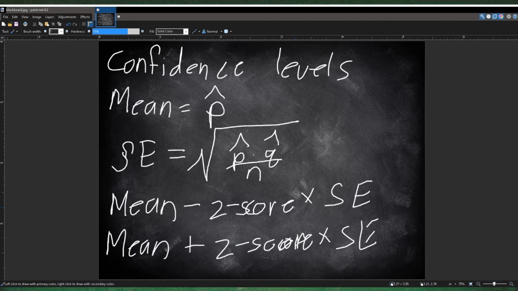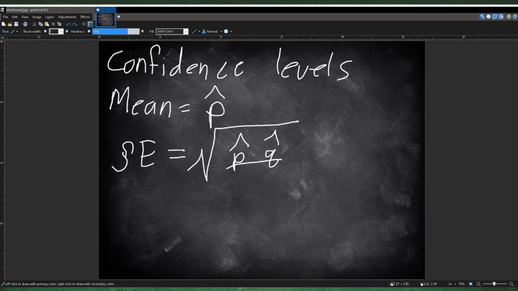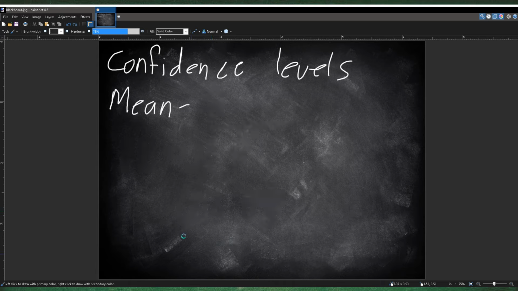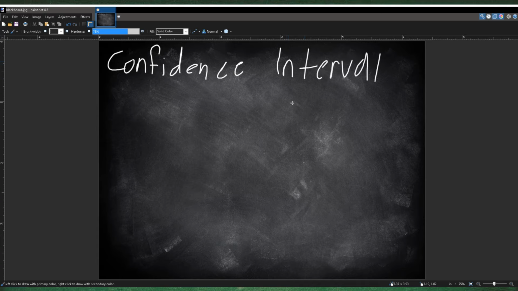And then once you calculate these values, you put them in brackets. So let's say it was 0.1 and 0.5, and you say it's between these numbers. Interval, sorry about that.